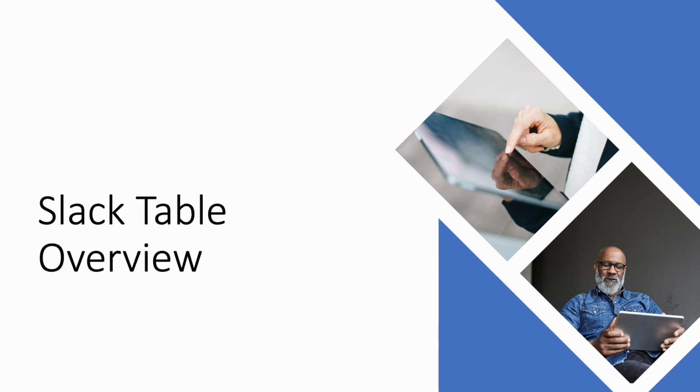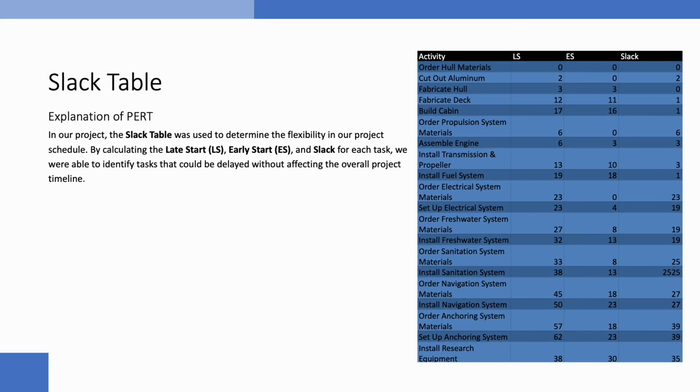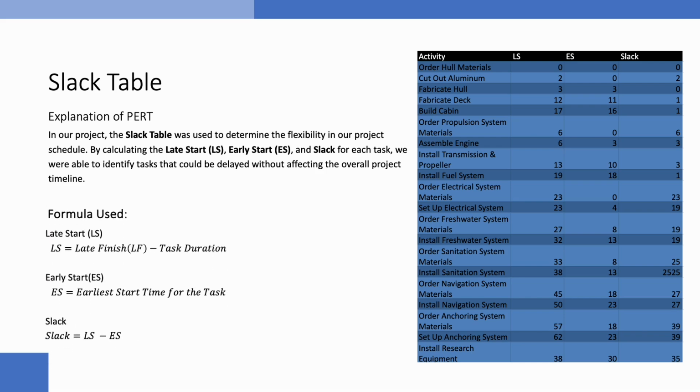Now for the slack table. We calculated slack for each activity to determine how much flexibility exists without delaying the overall project. Slack was calculated by comparing the LS and ES times as well as the LF and EF times.